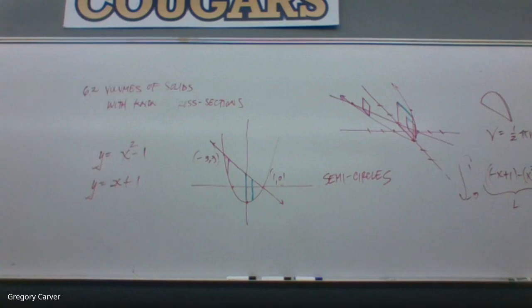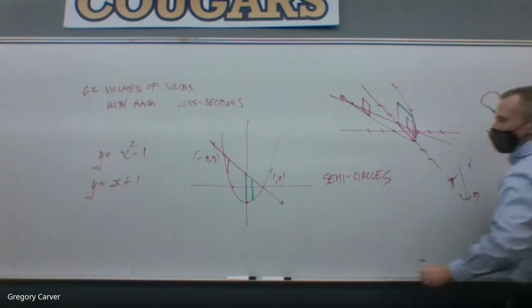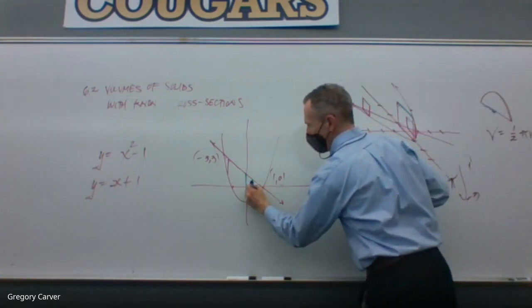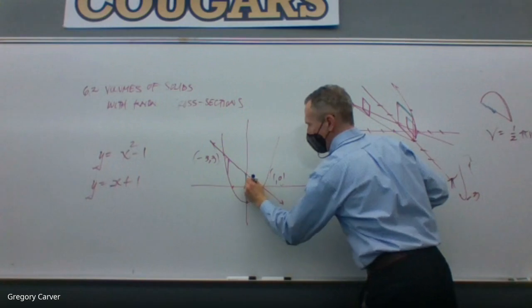Okay. Gotcha. All right, here we go. So, hey, partial credit. Now, check this out. All you got to do is get the radius, right? Isn't it true that the radius goes from here to right there, which is here to right there?